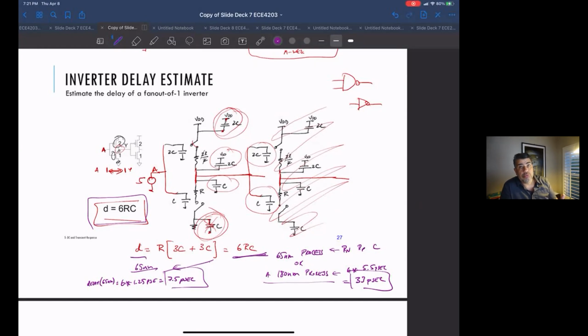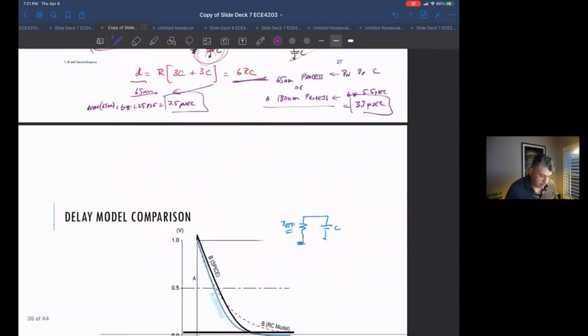So you want to save that $300,000 and use the coarser process if you can. And if you figure that out after you've designed everything, it's too late, because you have to make a choice between designing for the 90 nanometer or the 65 nanometer process. This is why you do this kind of hand calculation early on.